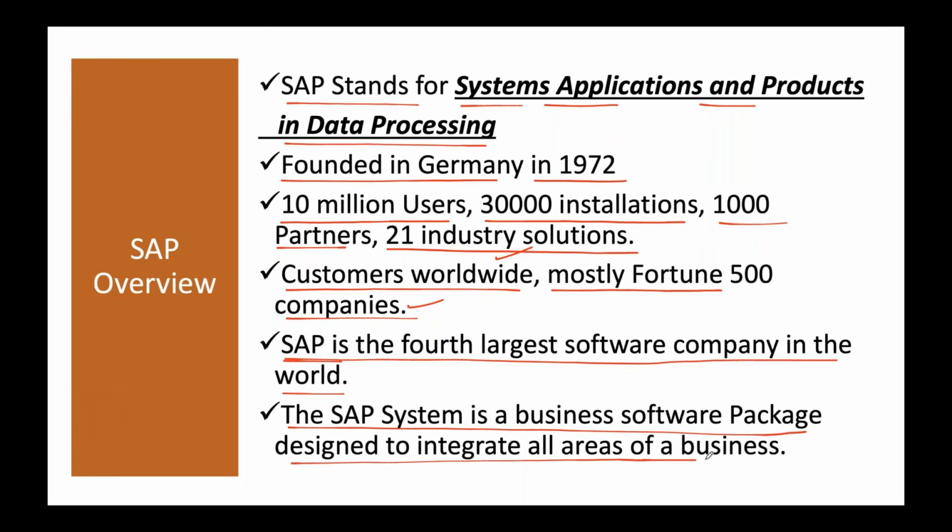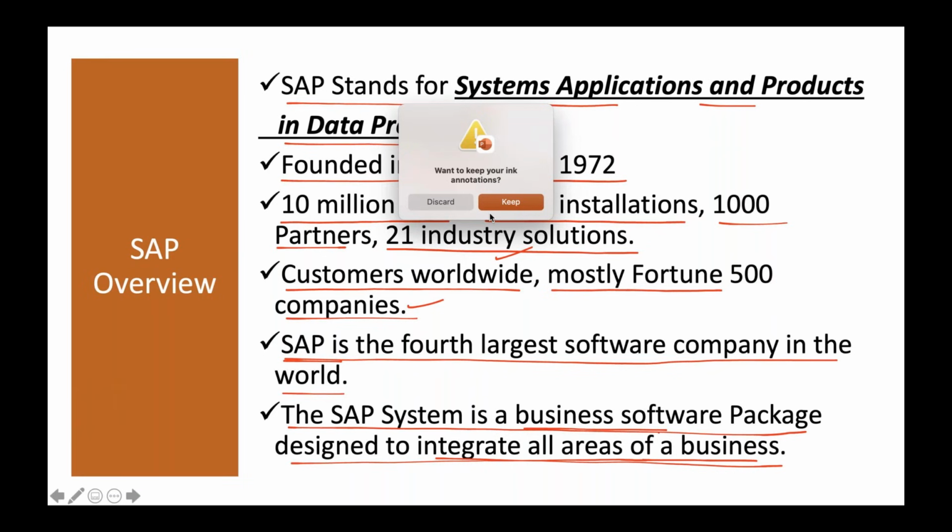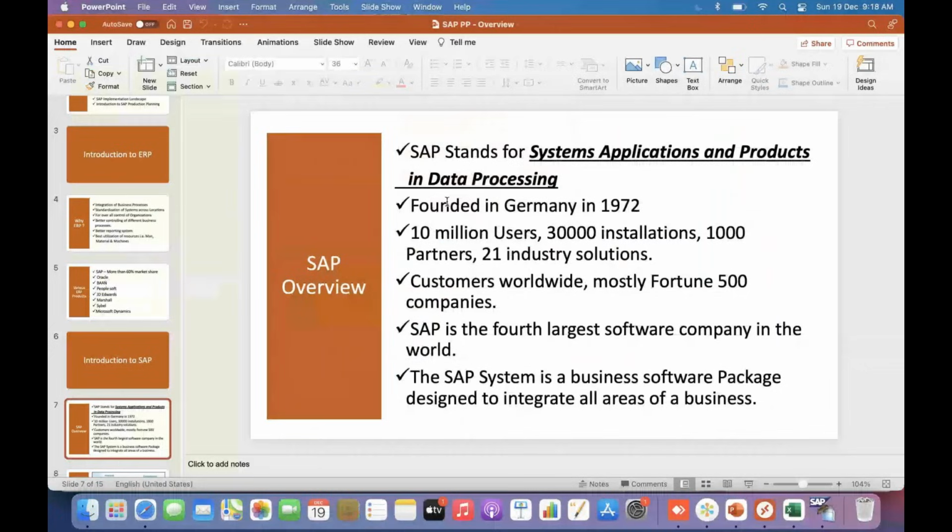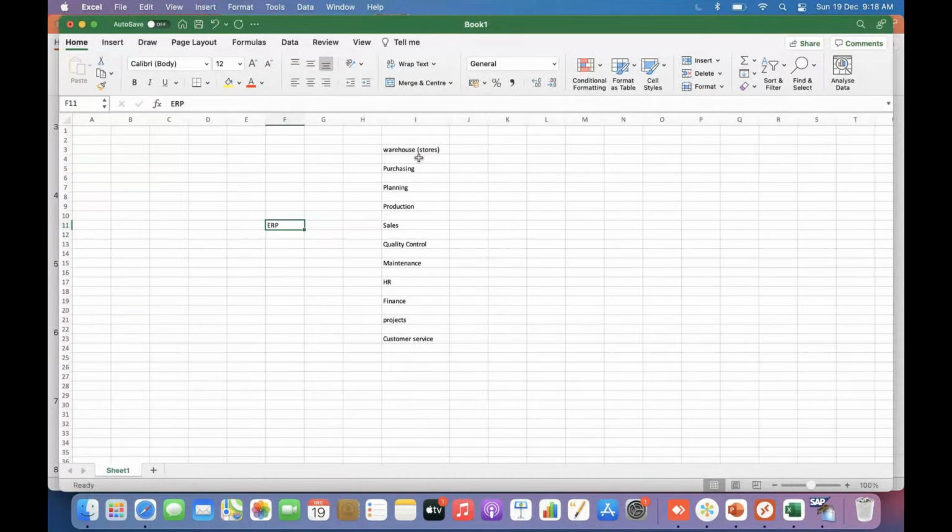What are all the areas of a business? The ones which we just discussed. In any typical manufacturing company you have all these, so basically it integrates all those things.